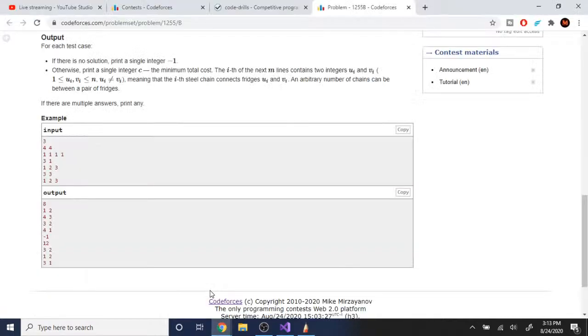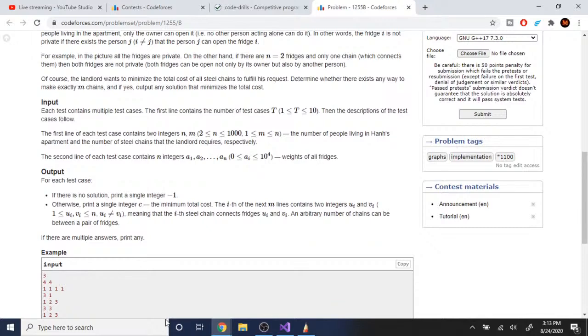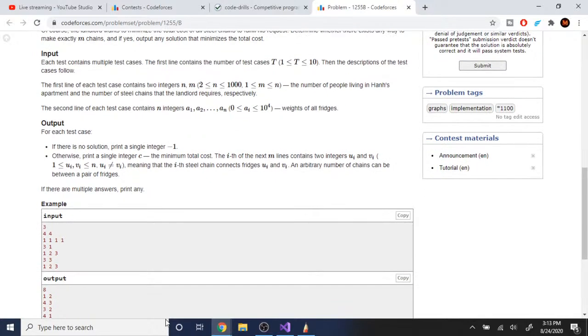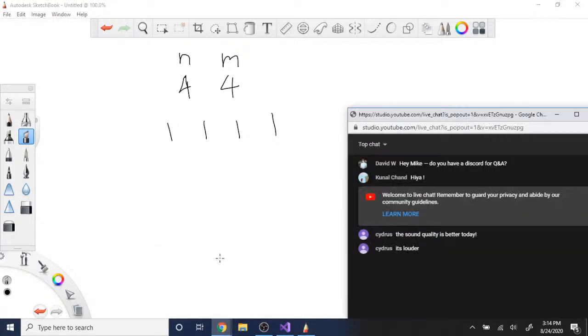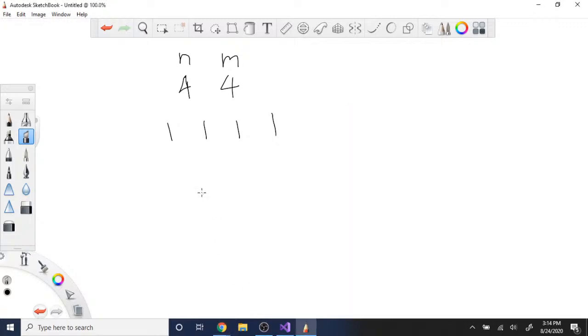Okay, so we have 1, 2, 4, 3. Okay, so 4, 4, 1, 1, 1, 1. So let's see. We have 4, 4. This is N, and this is M. And we have 1, 1, 1, 1. Thanks for telling me about the sound quality, by the way.